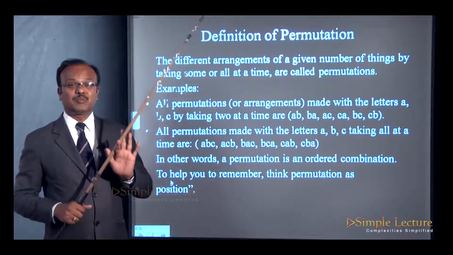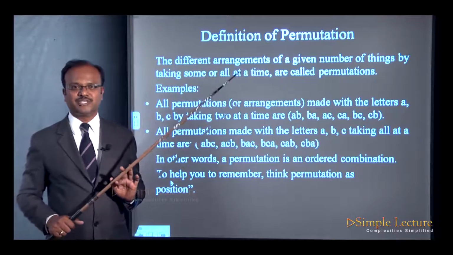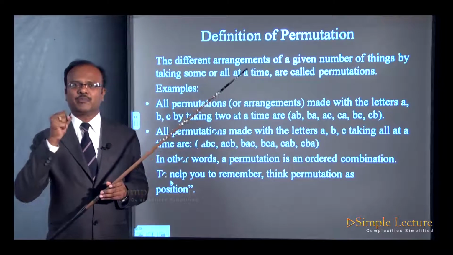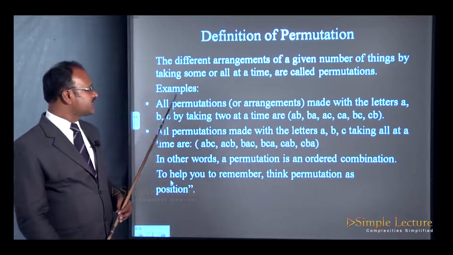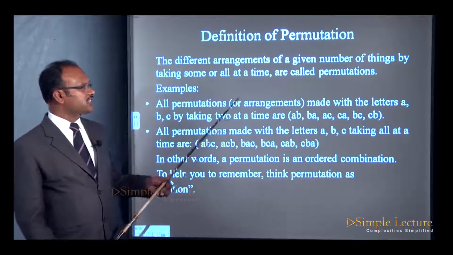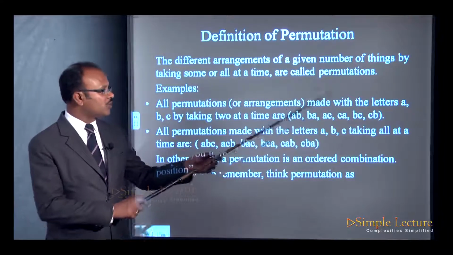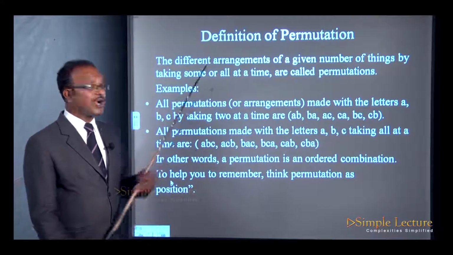So, permutation is the orderly arrangement of the objects by taking few at a time or by taking all at a time. See, let us take few examples here. All permutations are arrangements made with the letters A, B, C by taking 2 at a time.